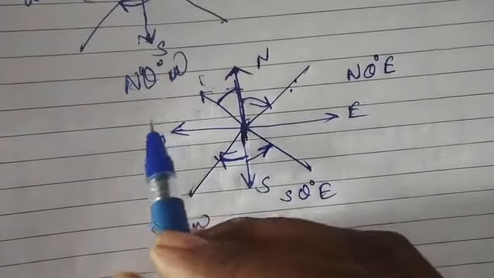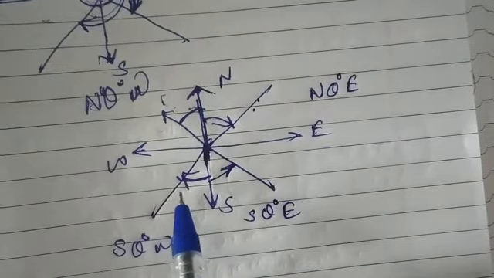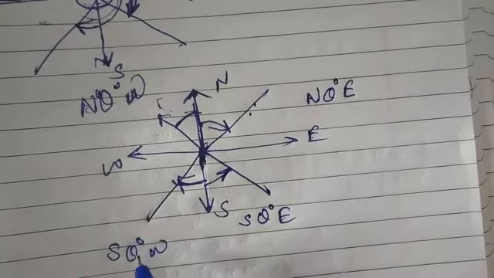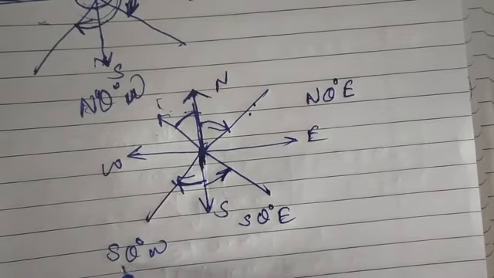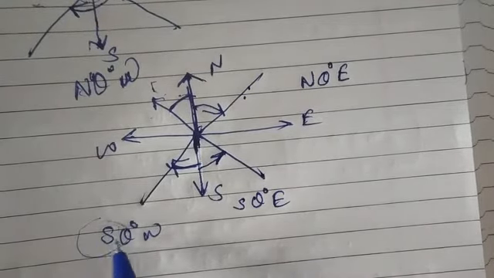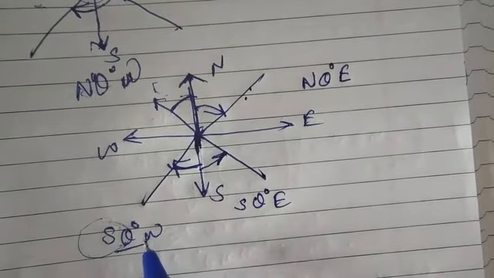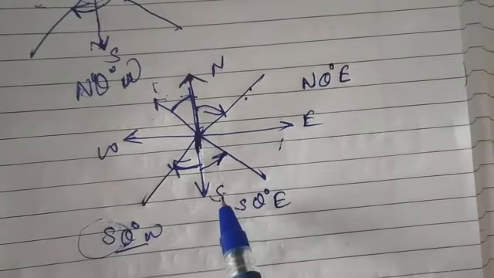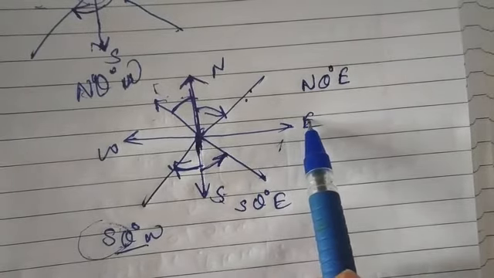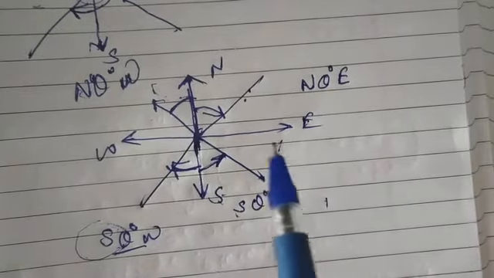Always we are measuring the bearing of a line either with north or with south, whichever is nearer, and in the representation we'll always write north or south at first, then the angle, and then the other direction of that quadrant. So for this quadrant first we'll write south, then the angle theta degree, and then the second direction of the quadrant, that is east: south theta degree east.